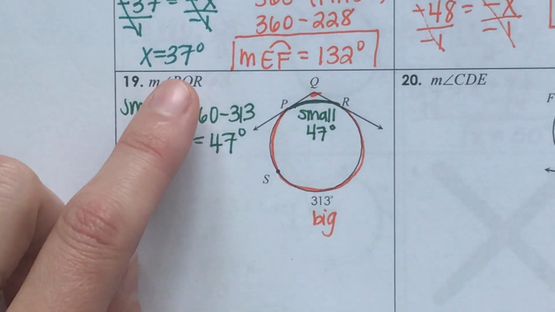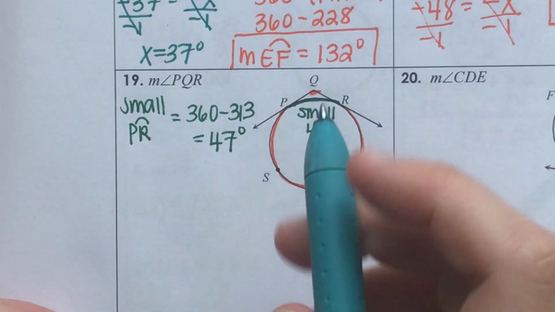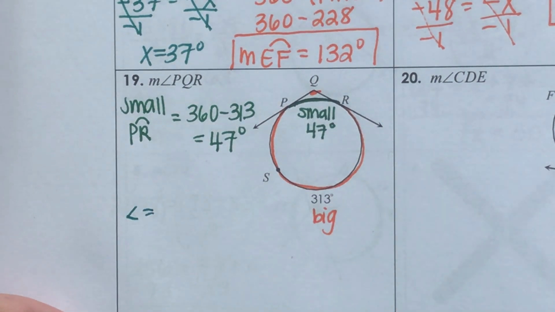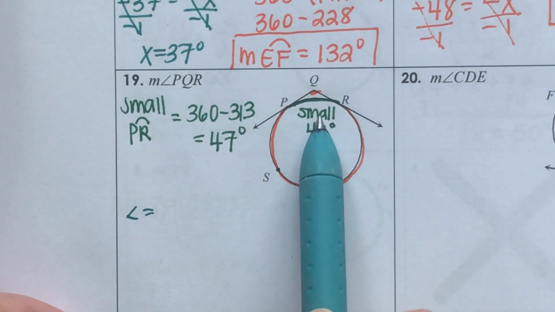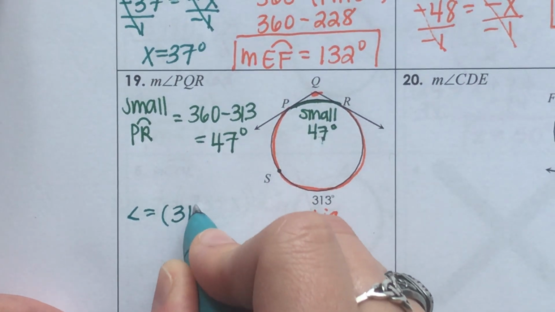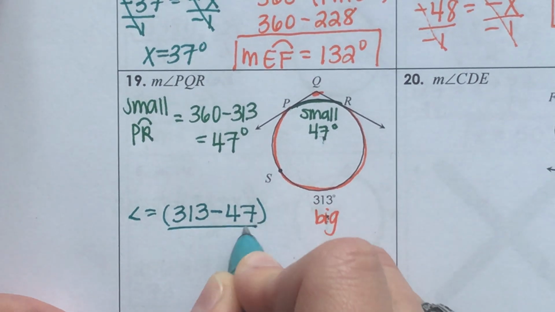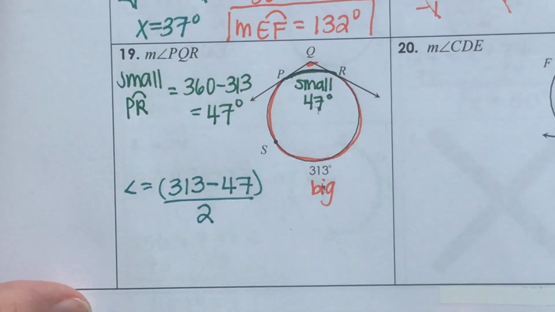And now to figure out what the angle is, I go back to my angle equals big minus small divided by 2. So big minus my small divided by 2.